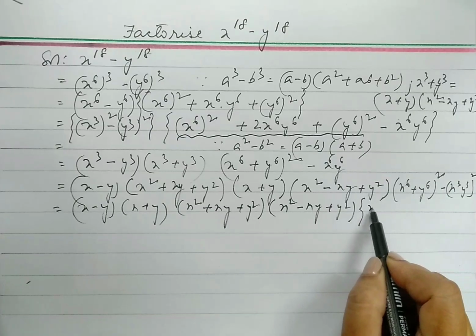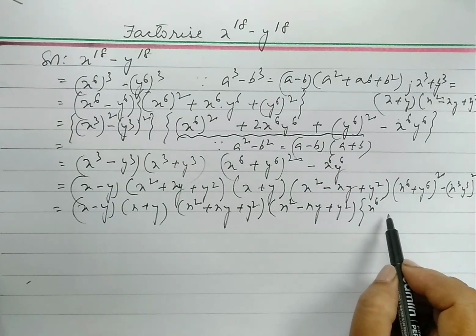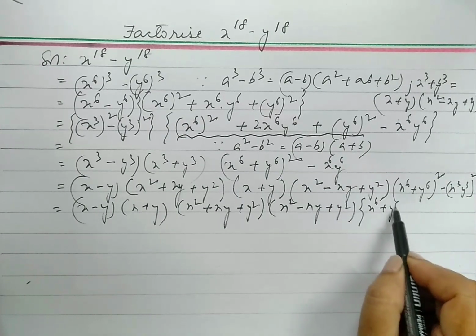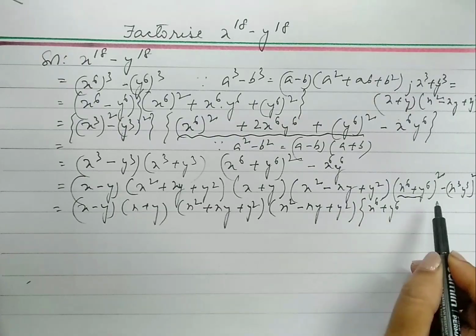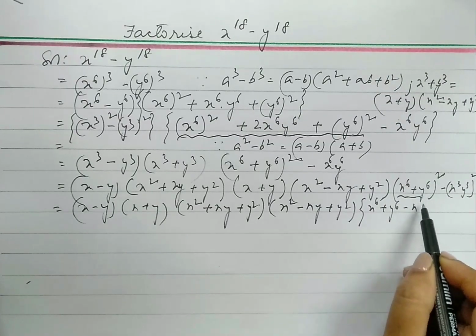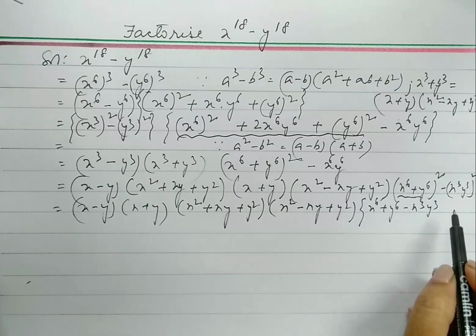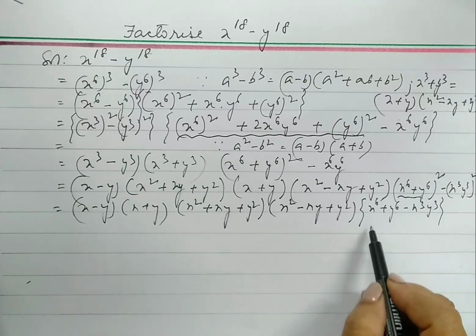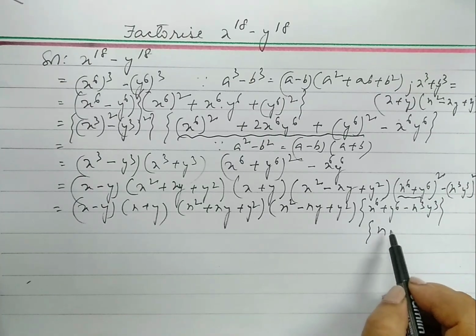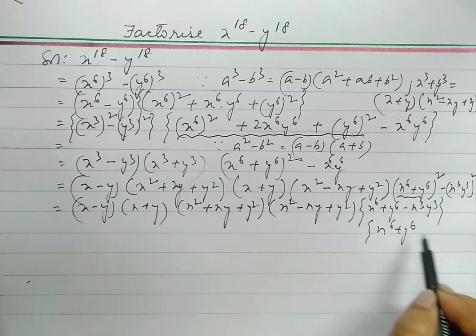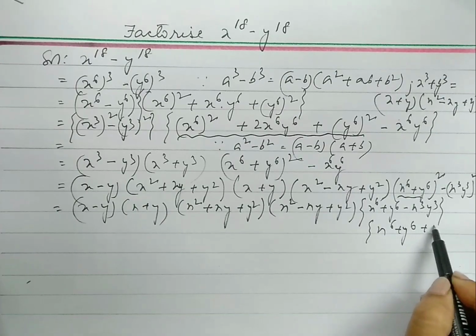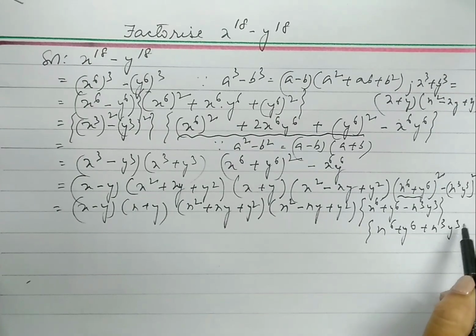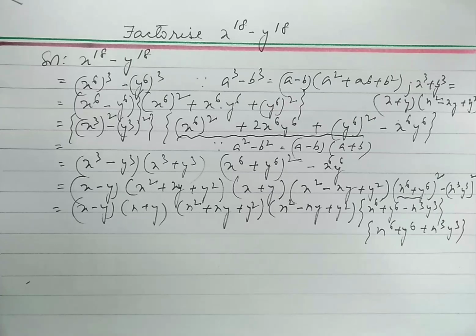So we can write x6 plus y6, this entire thing is our a, minus x cube and y cube, and the next one will be with plus. Got it? So this happens to be our final answer.